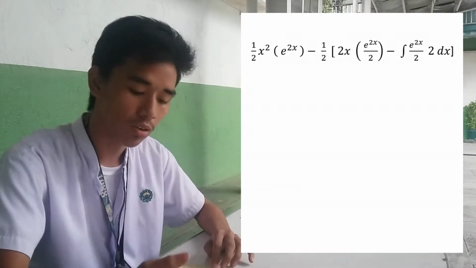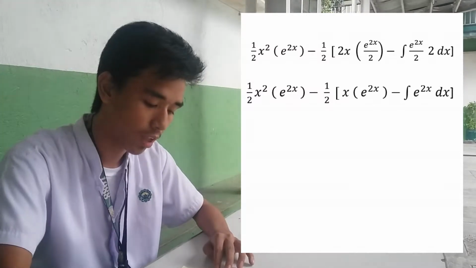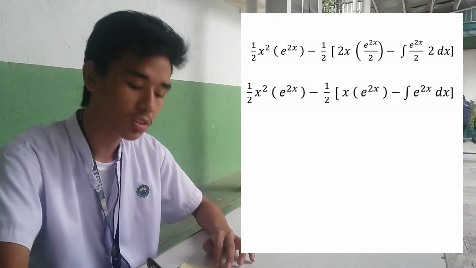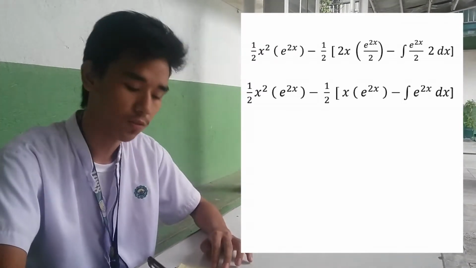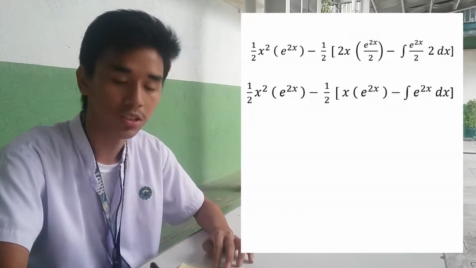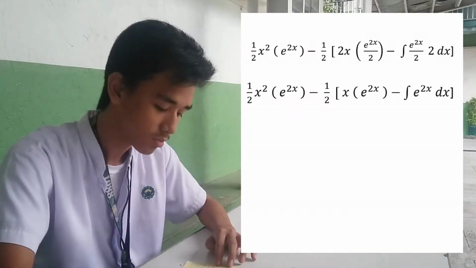Factor out again all the constants. So it will become 1/2 x squared times e raised to 2x minus 1/2 times bracket x times e raised to 2x minus integral of e raised to 2x dx.